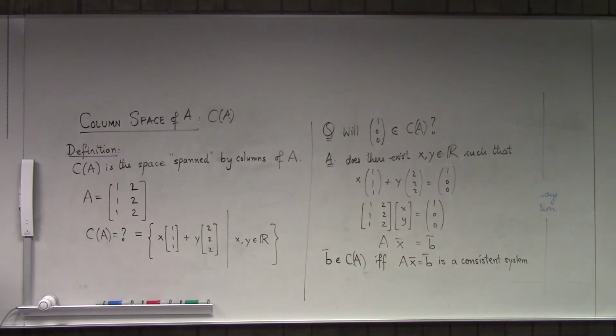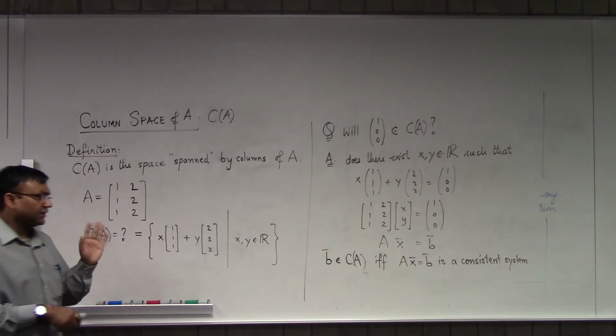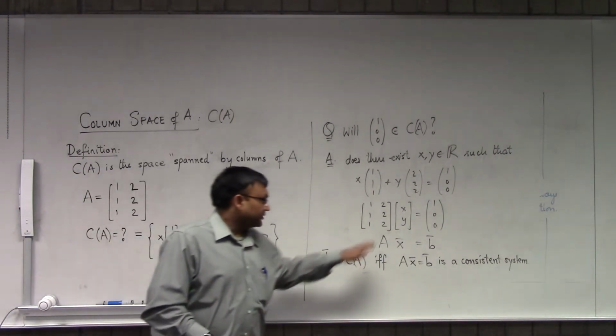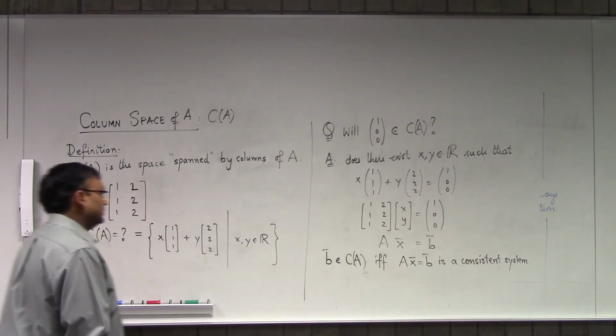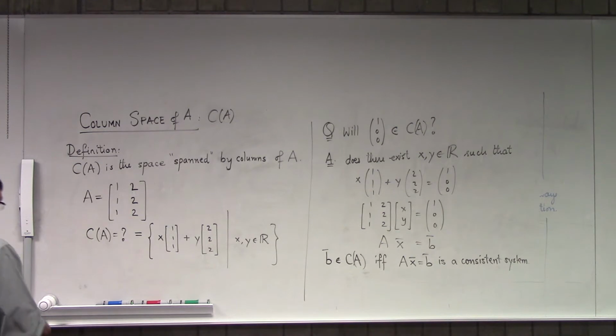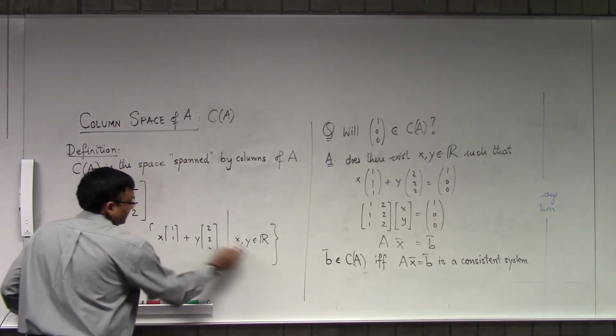So as I said, I'm not going to solve it because we already know how to solve systems of equations and check their consistency. However, for the sake of understanding, let us try to see, is this system consistent or not? Well, let's see. Is this system consistent? Will 1, 0, 0 live in there?